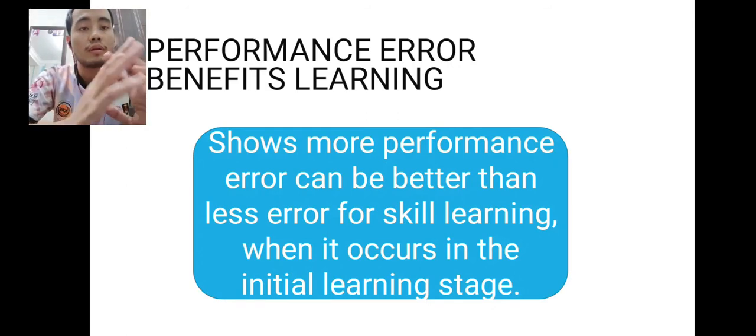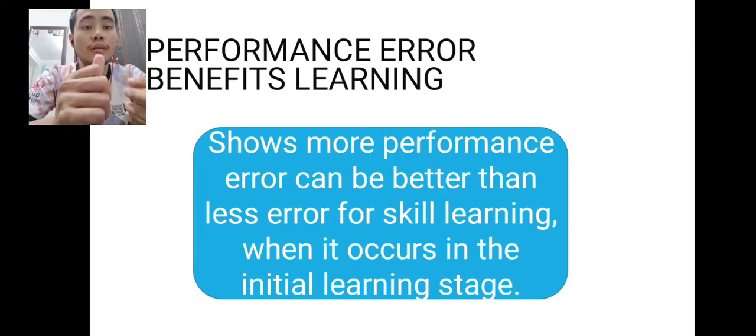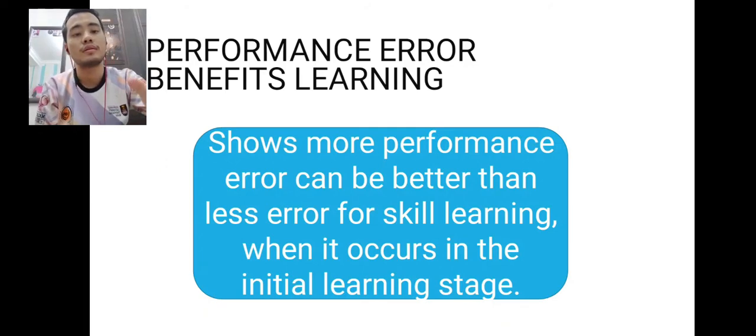Performance error benefit learning shows that more performance error can be better than less error for skill learning. So when we make more errors, we can do a correction like that. This occurs in the initial learning stage.